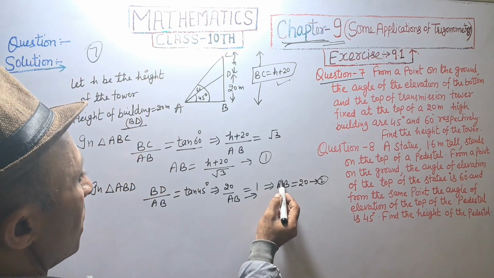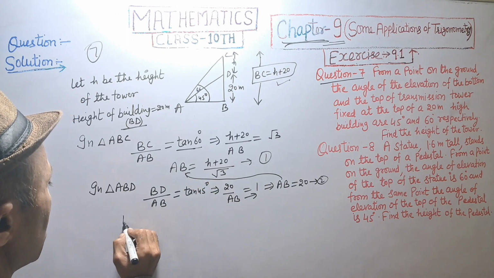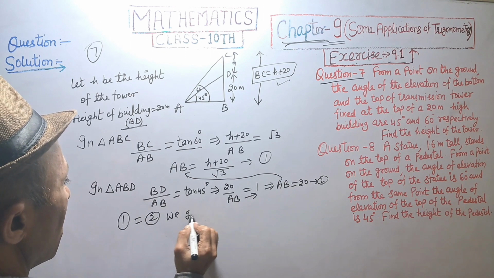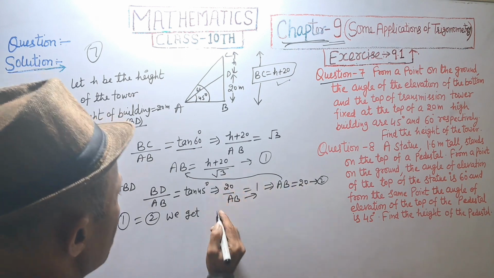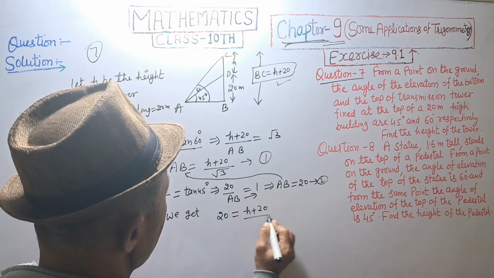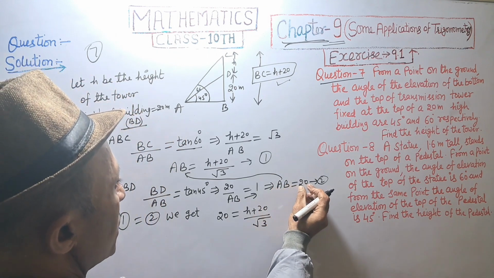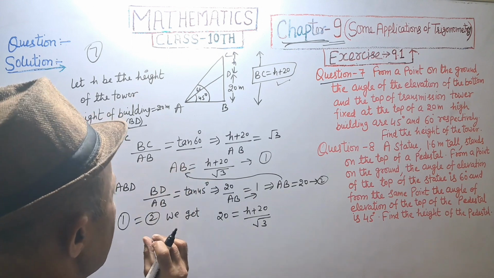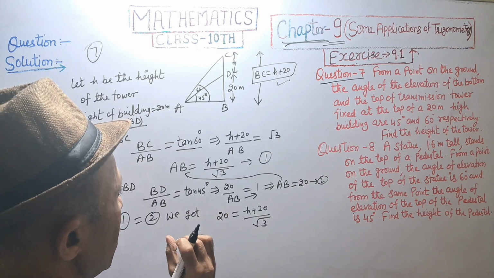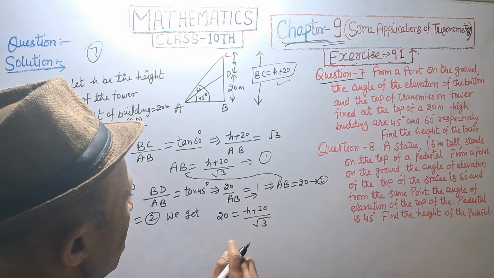Now we put the value of AB in equation first, or we can say equation first is equal to equation second. AB is 20, so 20 is equal to h plus 20 upon root 3.